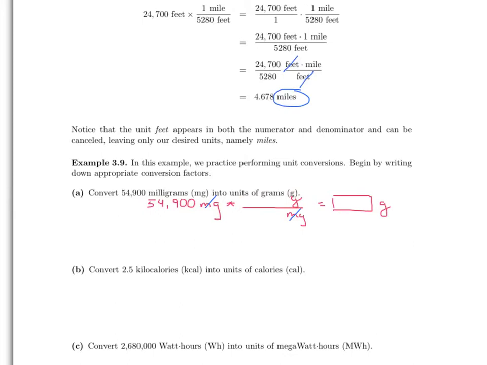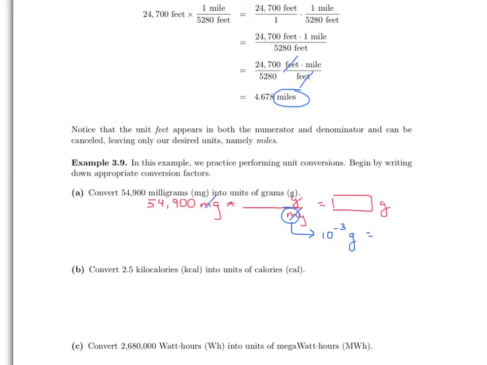This is where we have to recall what we know about milligrams. Remember from earlier in this chapter that milli, the prefix, means to multiply by 10 to the negative 3. So when we write milligram, we're talking about 10 to the negative 3 grams.